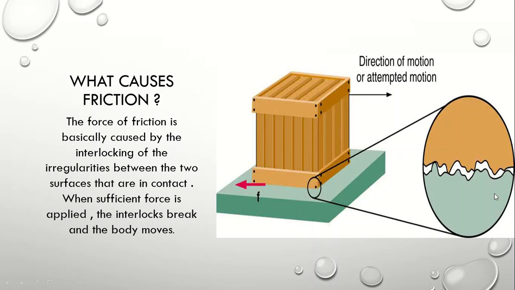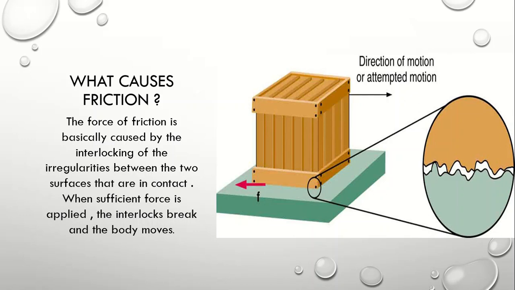You can see in this figure there are many peaks and depressions, and in fact they get interlocked with one another. Like when you join your two hands, the fingers of the two palms get interlocked with one another, right? You can try this.